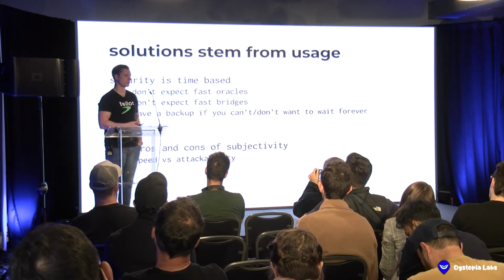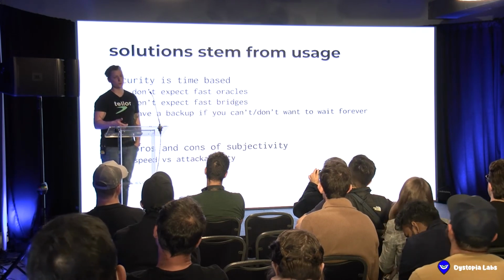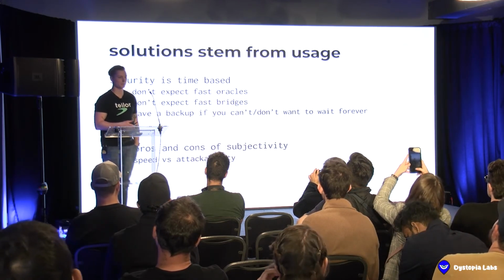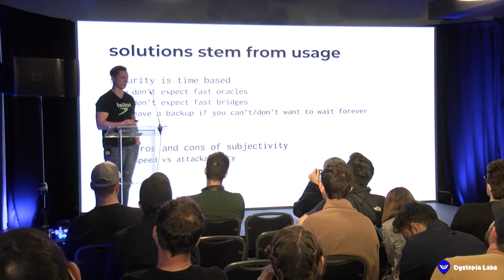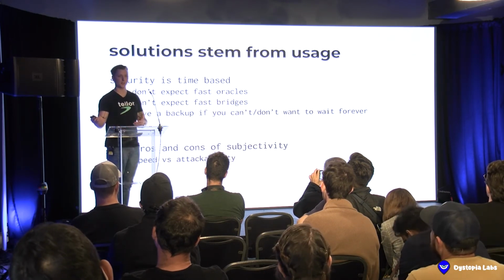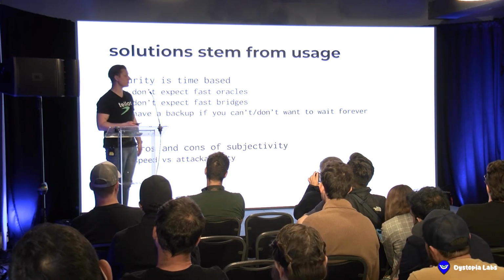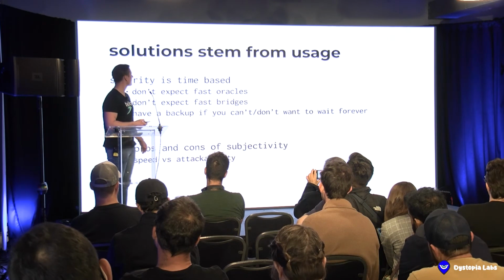Just make sure that you don't expect fast oracles. Similar to how if somebody comes up to you and says our L1 can do 100,000 transactions, if they say you can have an oracle that's instantly final, just don't believe it, don't use it. Use something that makes sense.